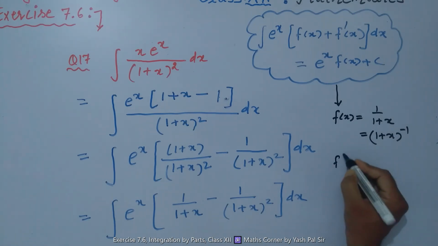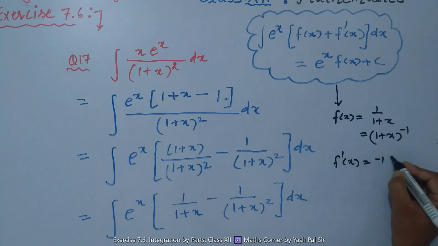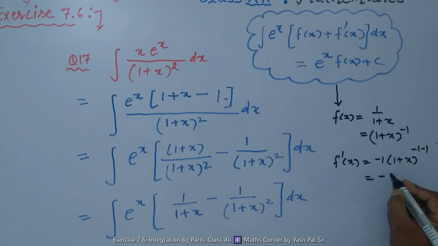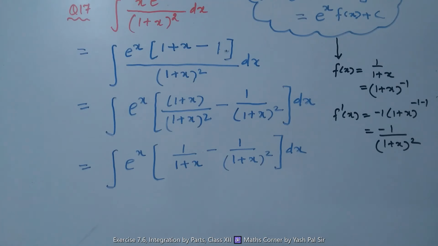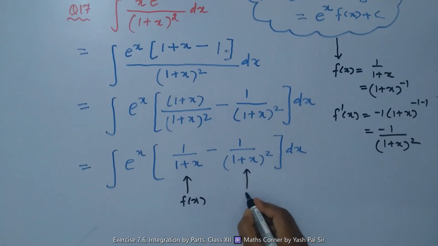So f dash x, its derivative, is minus 1 into 1 plus x whole raised to power minus 2, which is minus 1 upon 1 plus x whole raised to power 2. So this way, we have found this is f of x and this is f dash x.